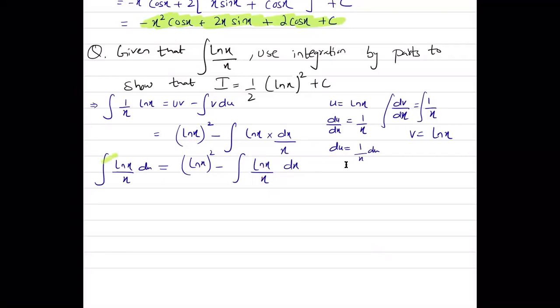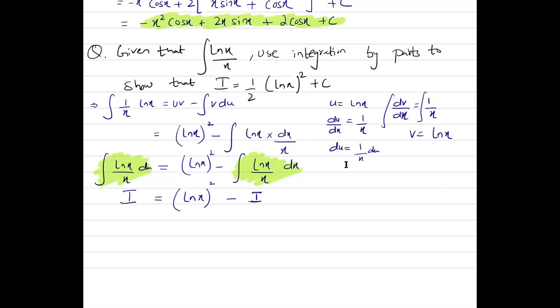So what I'm going to do is I'm going to call integration of ln x upon x dx as I. If I take this as I, I'm going to get ln x square minus I. Are you with me so far?